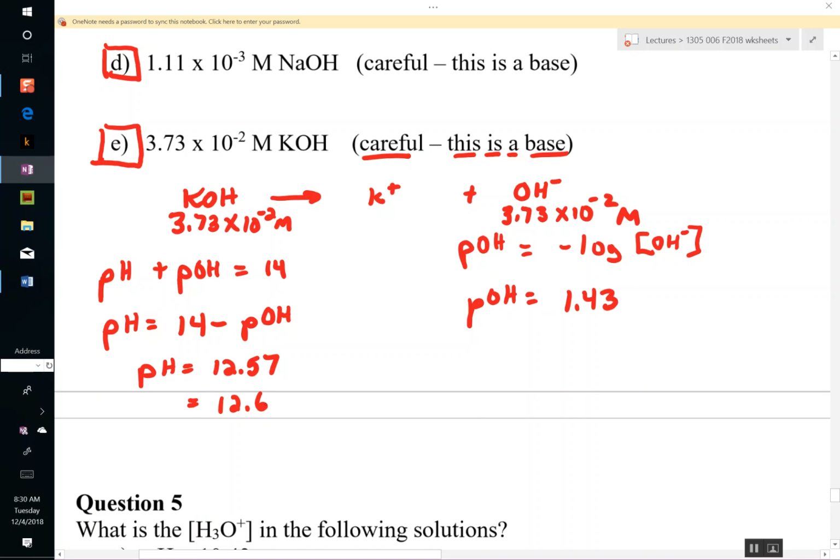On the exam, I'm not going to get too persnickety about significant figures on pHs and pOHs and that sort of thing. If you are using these equations properly, and you get 3.57 or 3.6, don't sweat over those things.